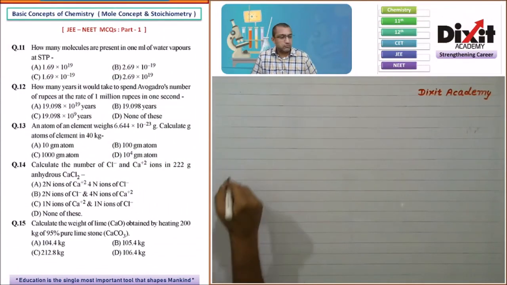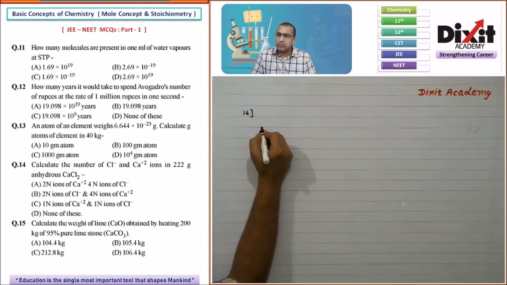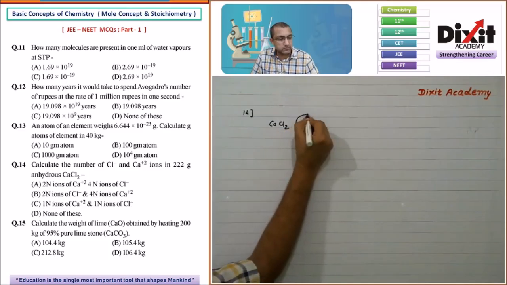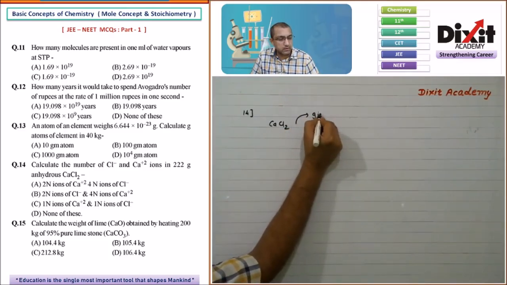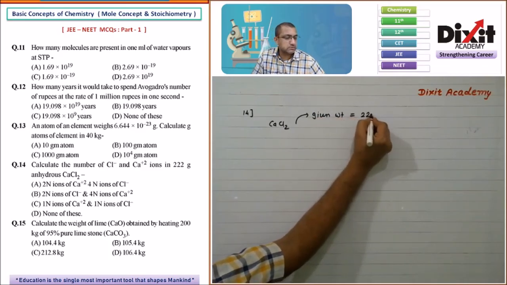Question number 14. Calculate number of Cl minus and Ca2 plus ions in 222 grams of anhydrous calcium chloride. So we have calcium chloride, CaCl2. Given weight is equal to 222 grams.